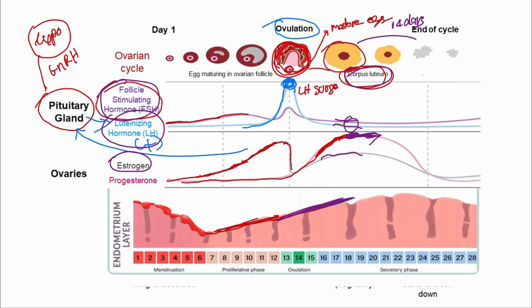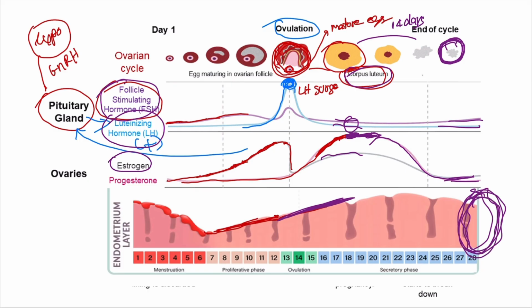When it breaks down, progesterone starts to decrease. When all the hormones, especially progesterone and estrogen, are decreasing, the endometrium is no longer supported, so here it starts to shed, it starts to break, and leaves as blood.